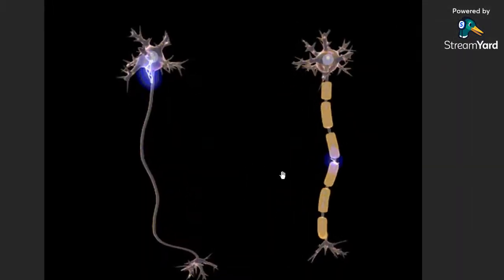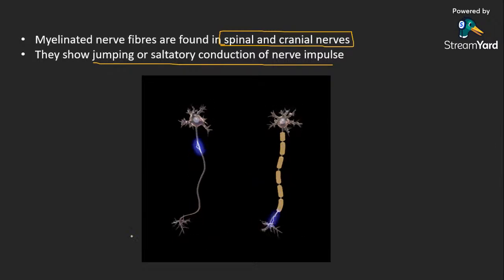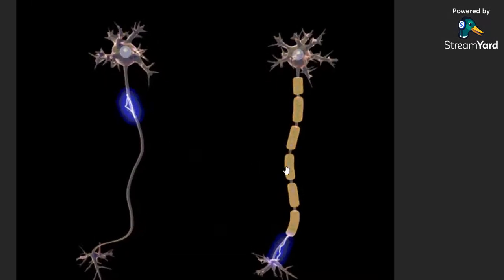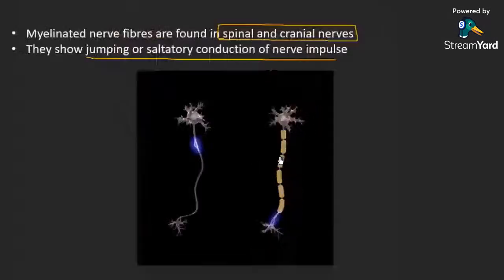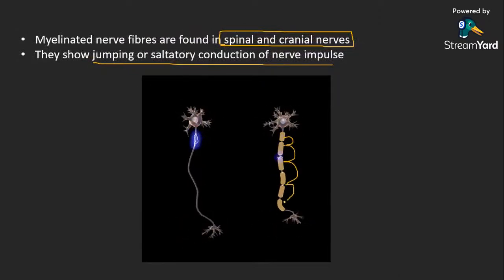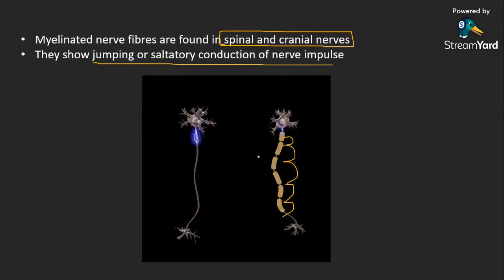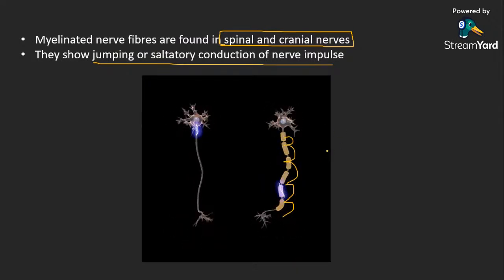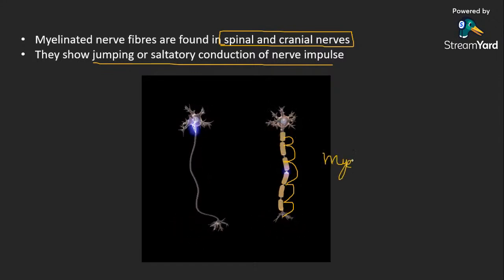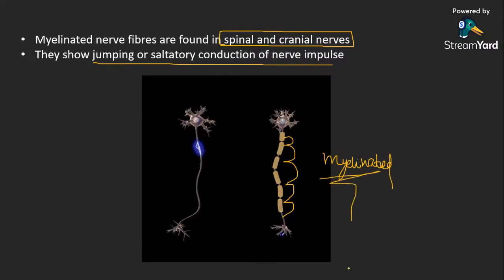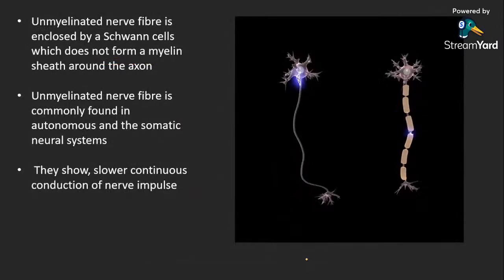Just from over here, they jump on to the next, jump on to the next. Look, jumping here. They show jumping or saltatory conduction. Who shows jumping or saltatory conduction? Myelinated. Myelinated shows jumping or saltatory conduction.